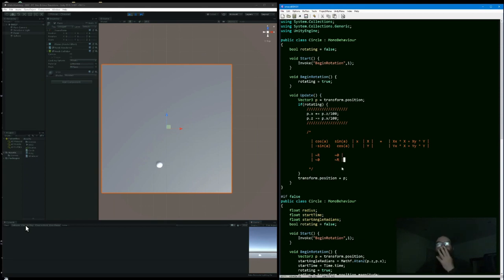So this becomes 0x sine y. Cosine. So the cosine times the x, the sine times the y.